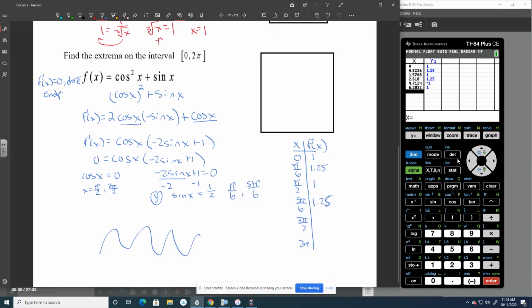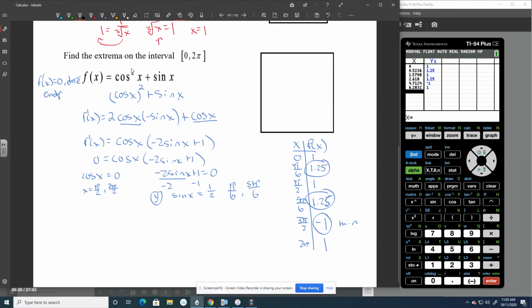At 3 pi halves, I drop down to -1, and at 2 pi, I'm back up at 1 again. So when I look at these values, -1 is my minimum, but my maximum happens at 2 different values. I don't really care where it happens because it just wants me to find my extrema.